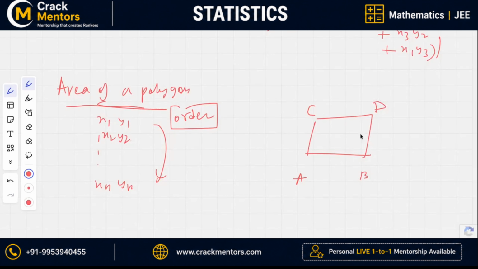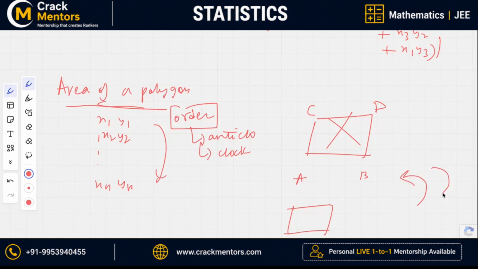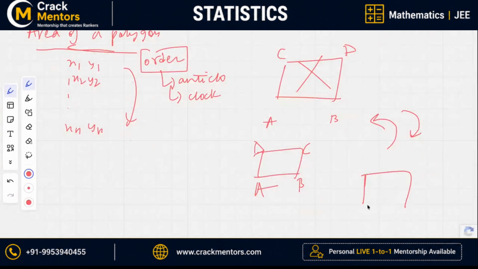Order means either anti-clockwise or clockwise. You never write the coordinates randomly. Either you write in the anti-clockwise sense, like this, or clockwise, like this. So anti-clockwise would be A, B, C, D, which is the correct order, or the clockwise A, B, C, D. This is the relevance of order. This is a very basic thing, you will probably have learned it since 7th or 8th.